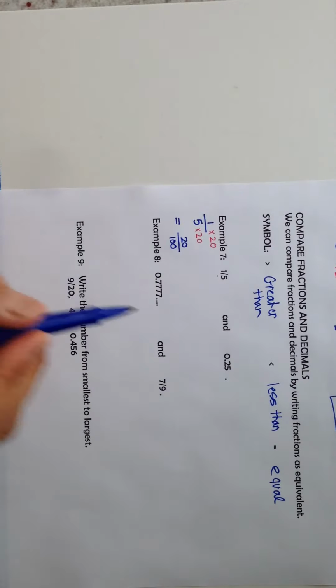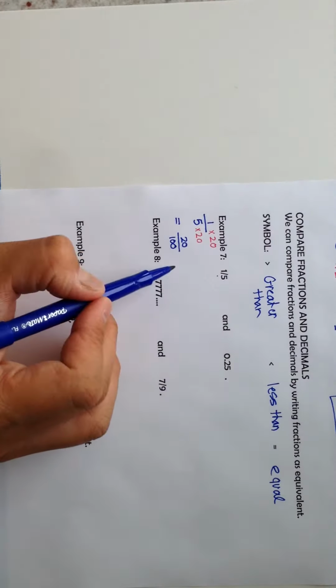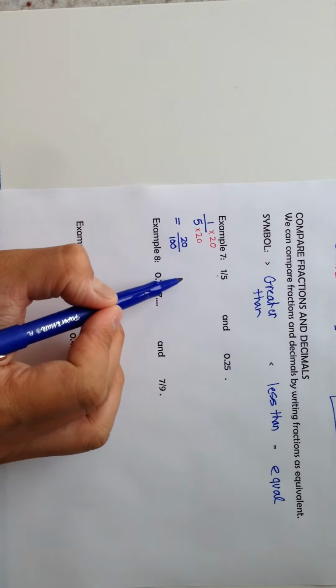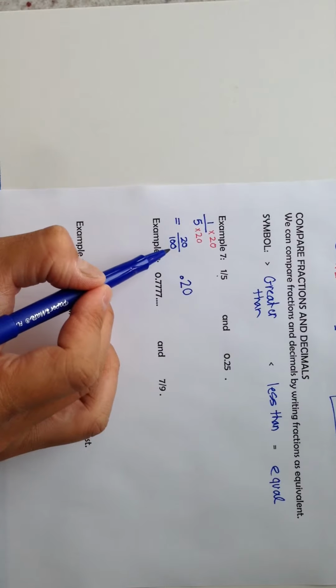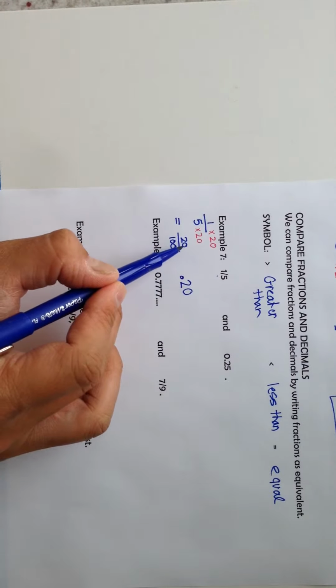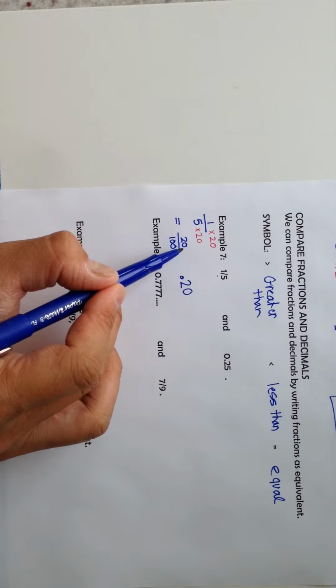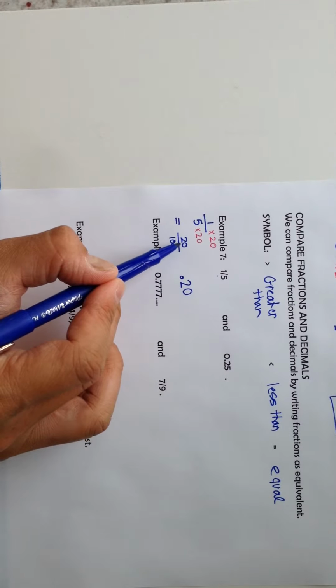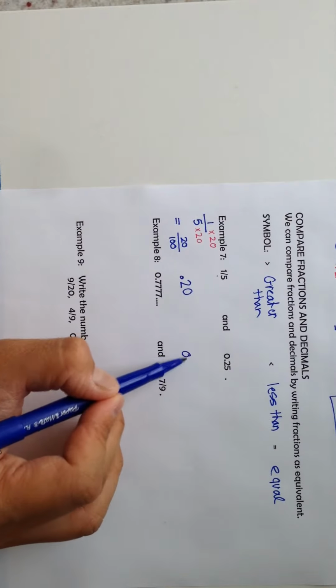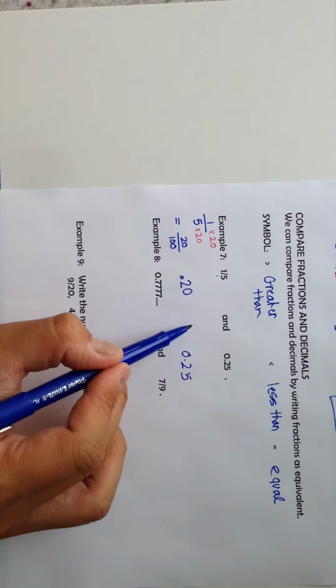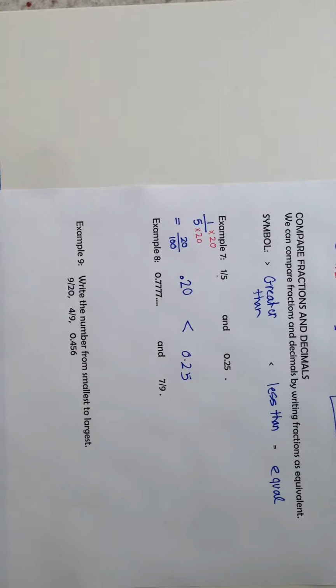So for 1/5, its decimal is 0.20, because it has powers of 10 as denominator, and what I can do is shift the decimal 2 places to the left, which is 0.2. So I compare 0.2 and 0.25, and clearly 0.2 is less than 0.25. So there you go, done.